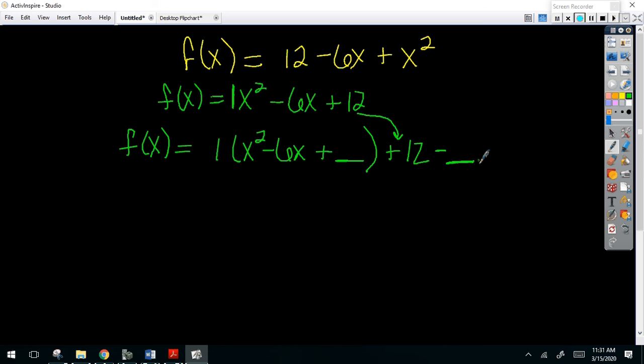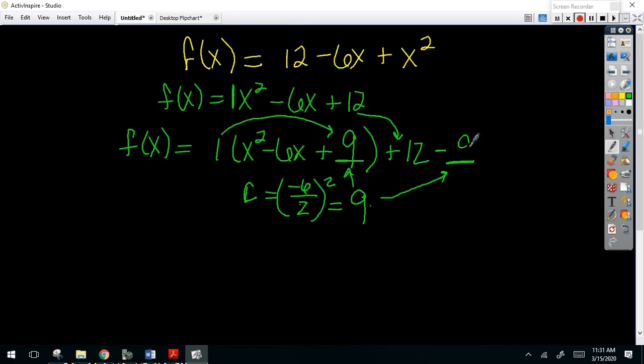All right, so I want to find my good C, and so to do that, I take that middle number, which is negative 6, I divide it by 2 and square it, which would give me 9. Okay, so I'm going to add 9 here, but I'm also going to subtract it. Okay, but I'm going to subtract 1 times 9, which is still just 9. So now we factor.